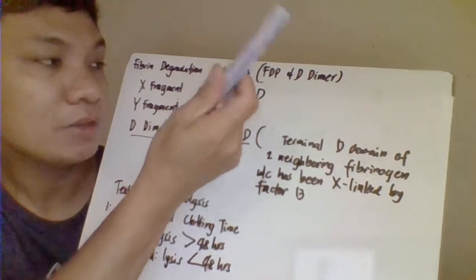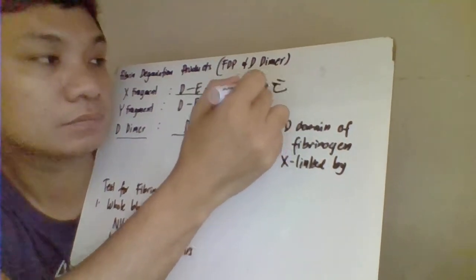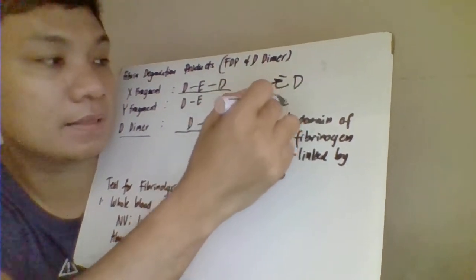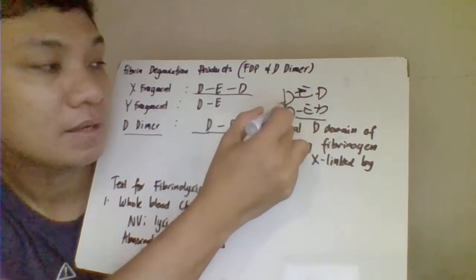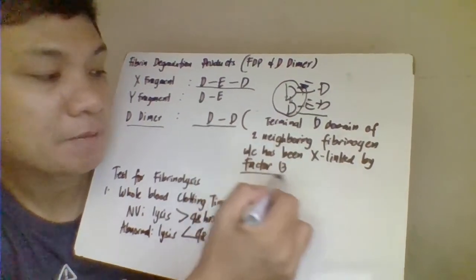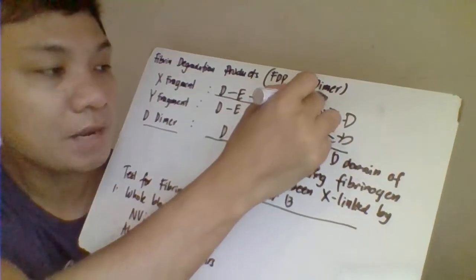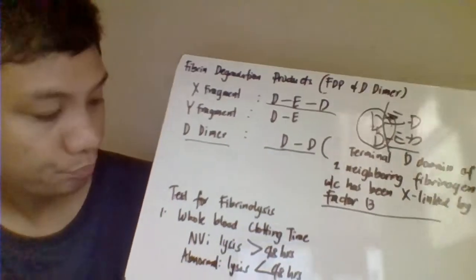So, for example, ito isang fibrinogen structure, another one, parang ganito siya. Okay, so this is one fibrinogen, one fibrinogen. Ang dalawa na to, pag nag-attach sila, cross-linked by factor 13, pag tinanggal mo silang ganyan, dalawang D lang, that becomes your D-dimer.